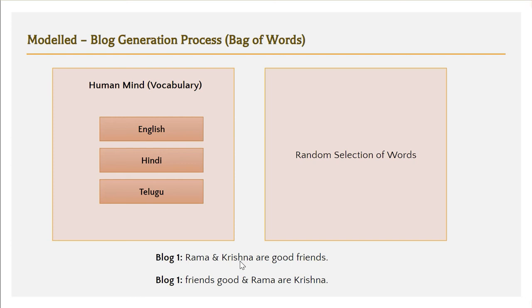So as long as words are the same, so Rama is here, Rama is here, End is here, End is here, Krishna is here, Krishna is also here, R is here, R is also here, good is here, good is also here, friends is here and friends is also here. As long as words are the same, the meaning is the same. That is the final output of this model, so that limitation we need to understand.